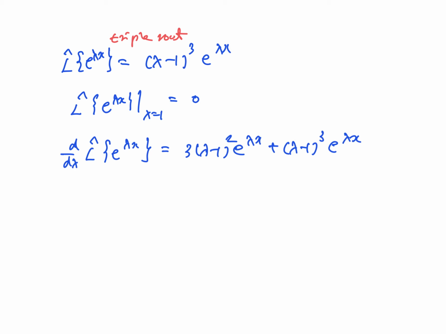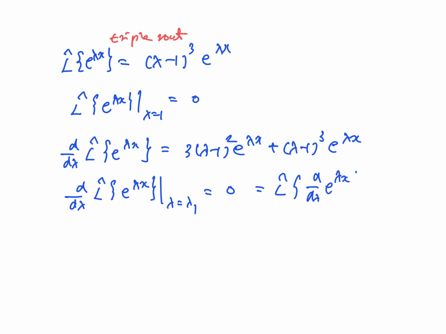So obviously it's again 0, right? This is the same as L of d by d lambda of exponential lambda x.